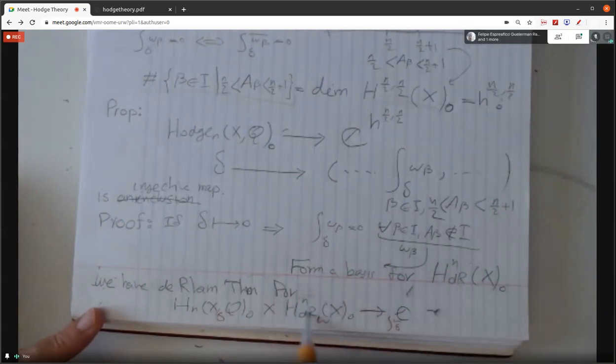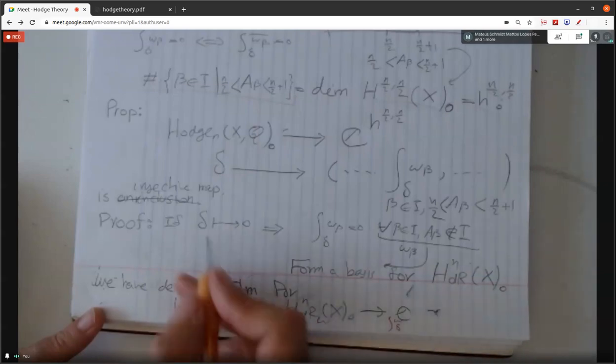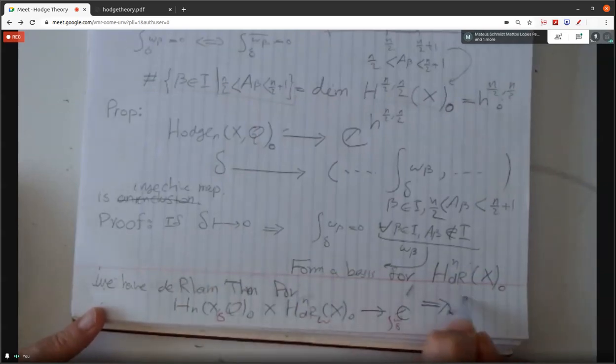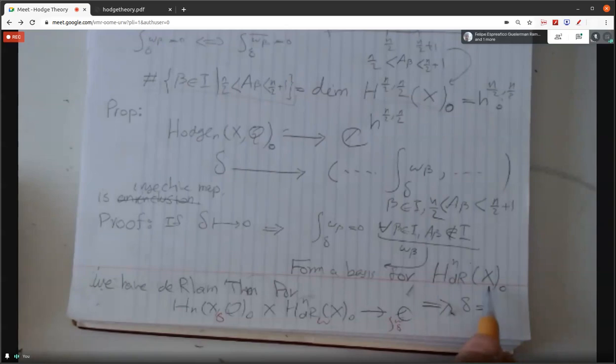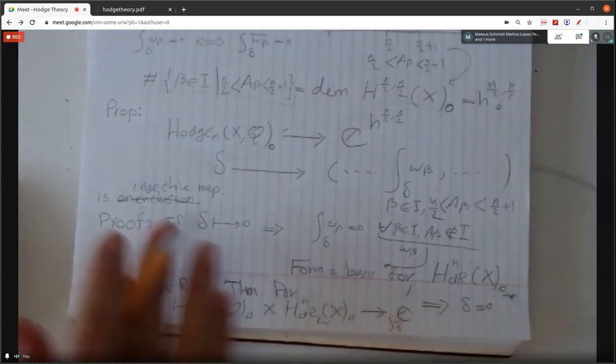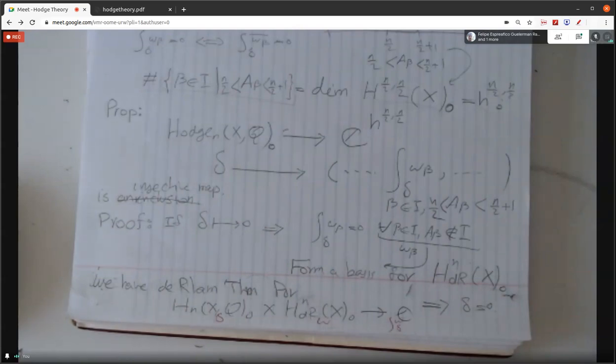So if all the integrals of the differential forms over delta are 0, then delta must be 0. So this will imply that delta equals 0. Anyway, the de Rham theorem for X compact implies the de Rham theorem for the primitive part. And then this theorem basically follows from this one.